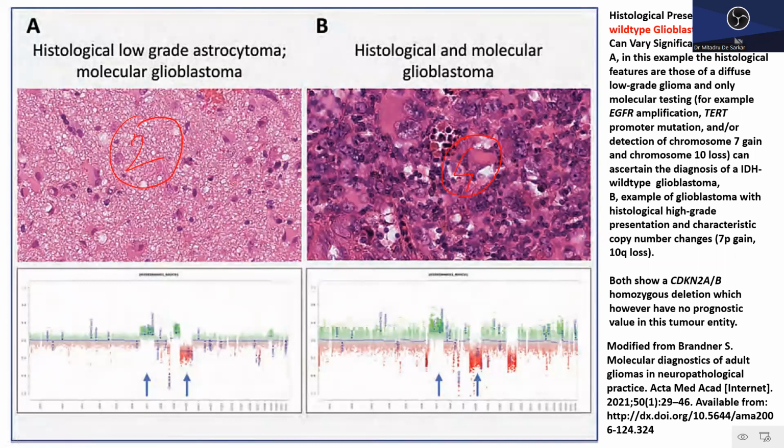But the important thing is this: the cases looked kind of different histologically, but once you did the DNA promoter methylation assay, you showed that there was a gain in chromosome 7 and a loss in chromosome 10 in both the cases. And as a result, your diagnosis gets changed over to an IDH wild type grade 4 glioblastoma in both the cases.